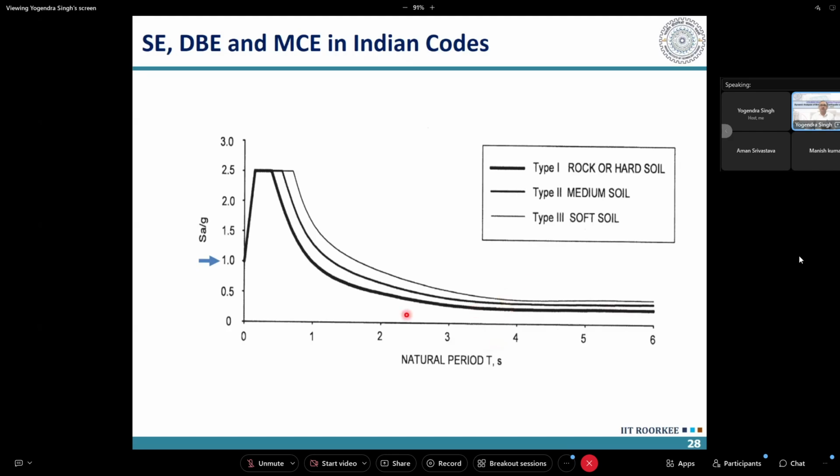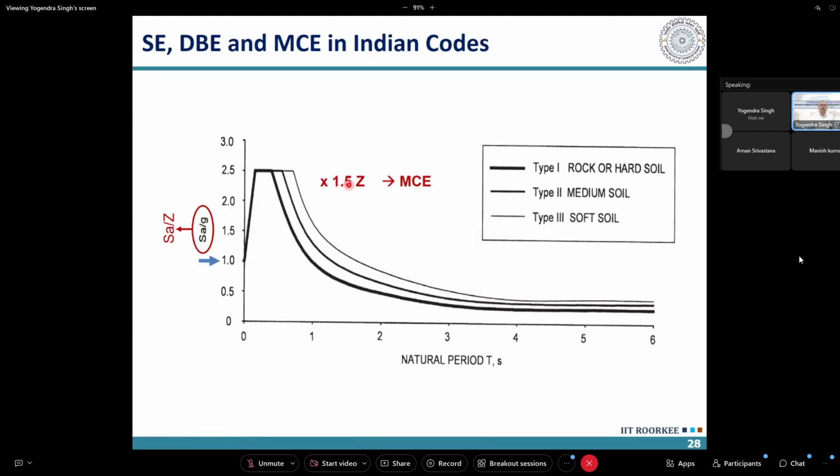This is the shape of the response spectra for 3 types of soil, and this value here is given as 1, and this is given as S_a/g. So it is wrong. This cannot be the S_a/g value. S_a/g cannot be 1. Actually, it is S_a/Z, because it has been normalized by the zone factor or zero period acceleration or peak ground acceleration.